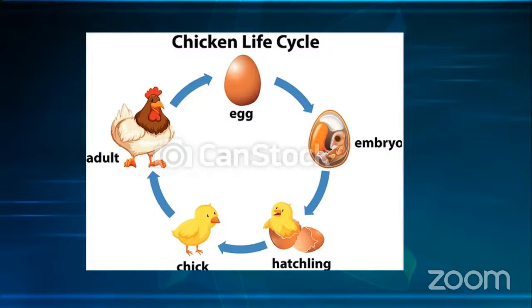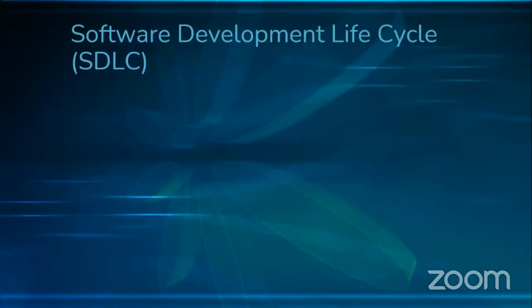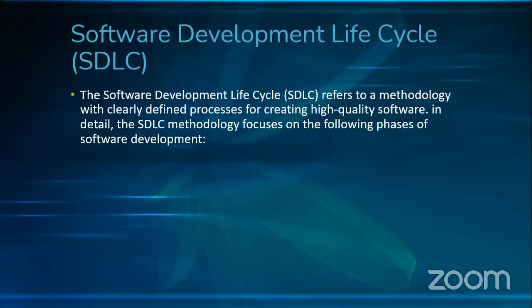Now I'll take it back to software life cycle. Software development life cycle refers to a methodology which clearly defines the process for creating high quality software. In detail, this software development life cycle focuses on the following phases.